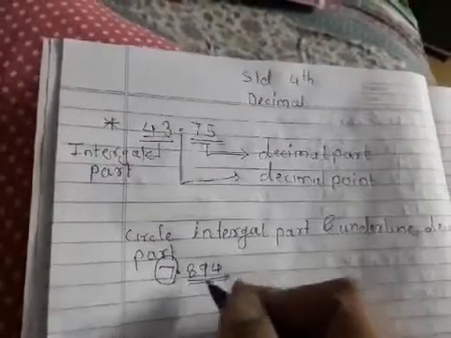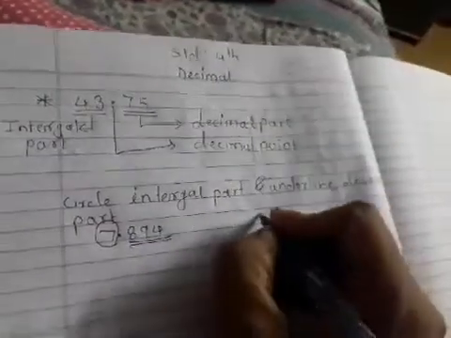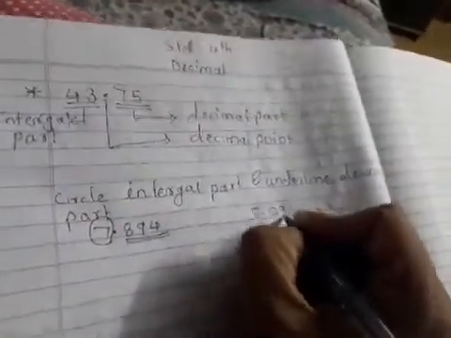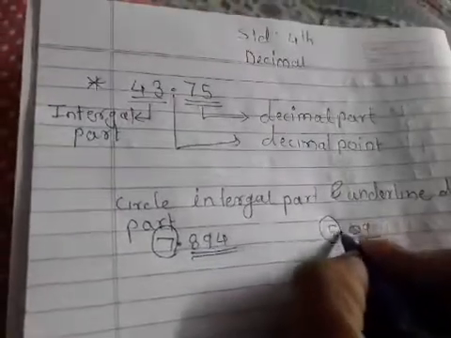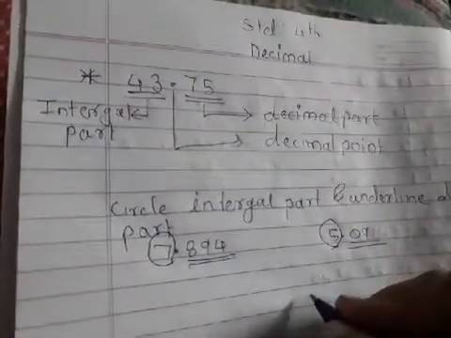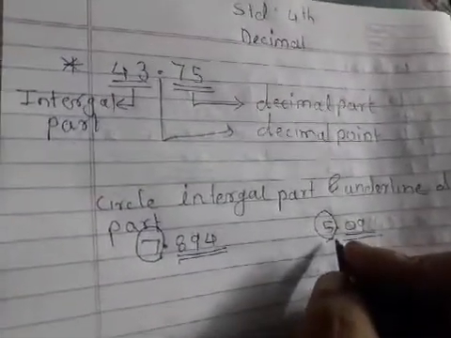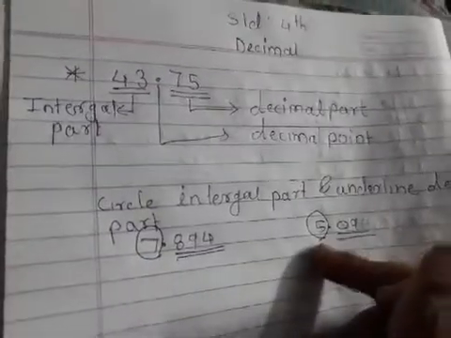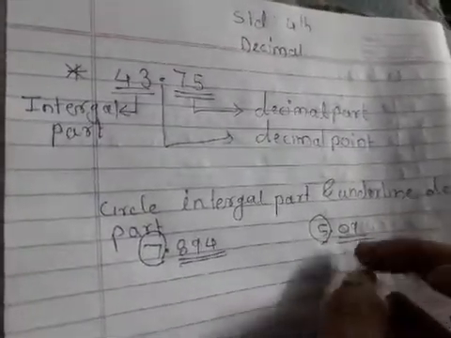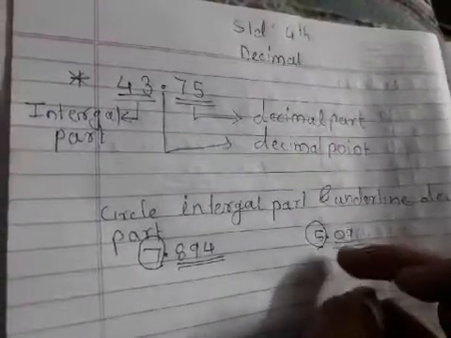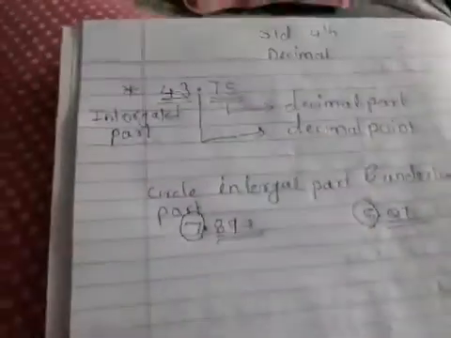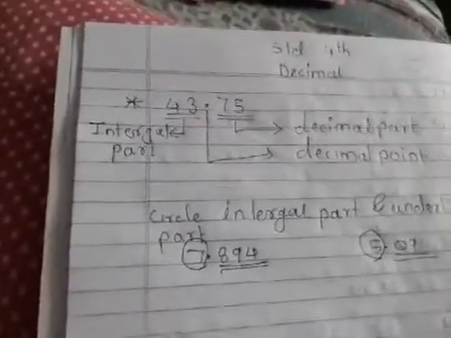Next one, 5.09. 09 is the integral part and 5 is the decimal part. Is it correct? No. So 5 is the integral part and 0.09 is the decimal part.